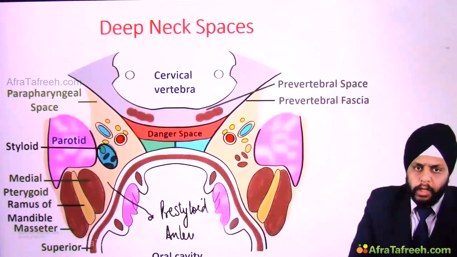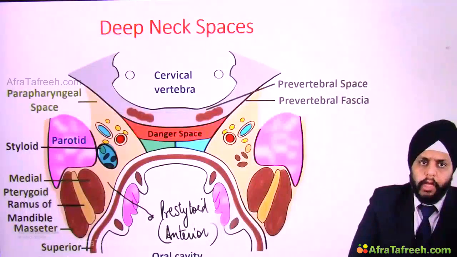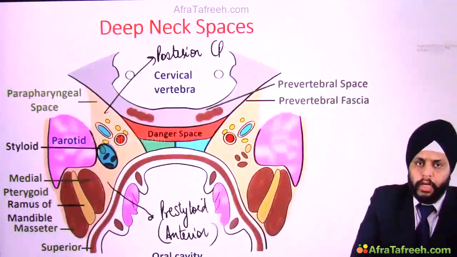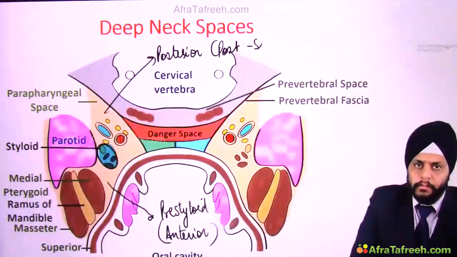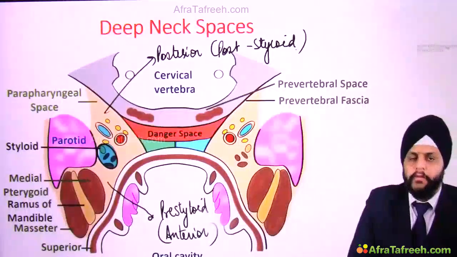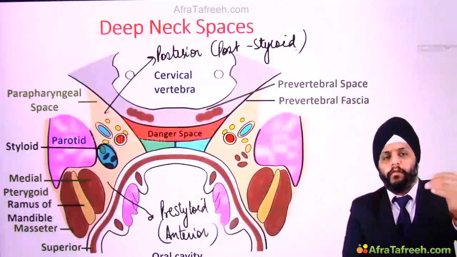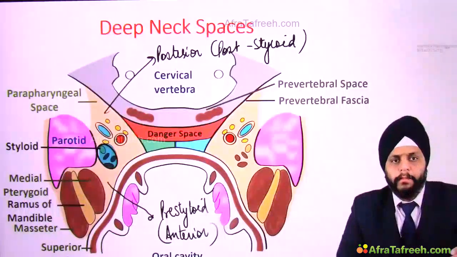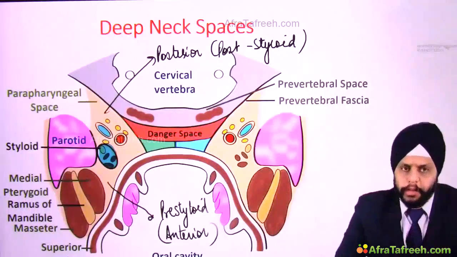And then we have the posterior compartment, or the post-styloid compartment. So we have the pre-styloid compartment and the post-styloid compartment, anterior to the styloid and posterior to the styloid.